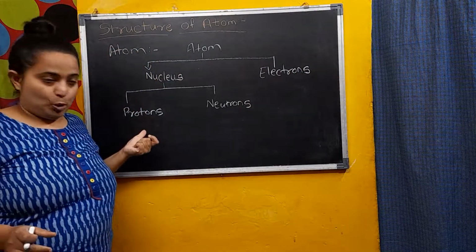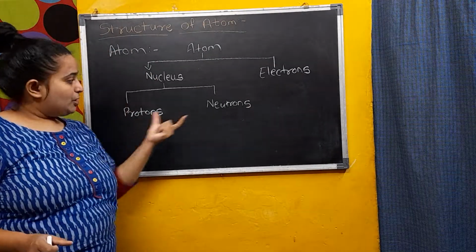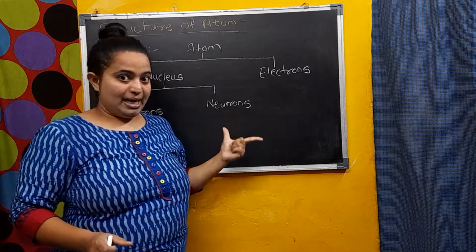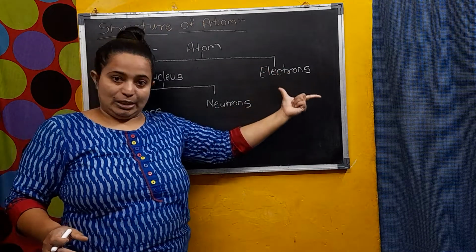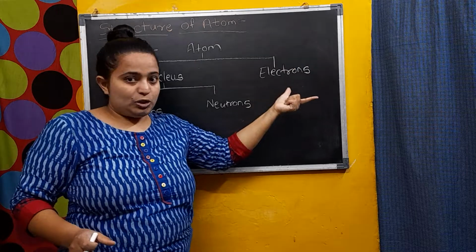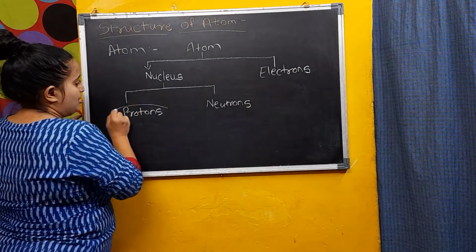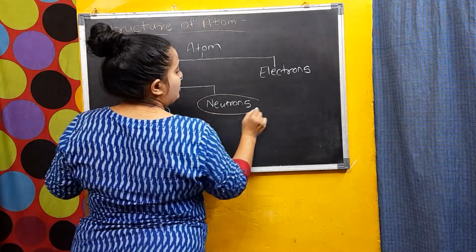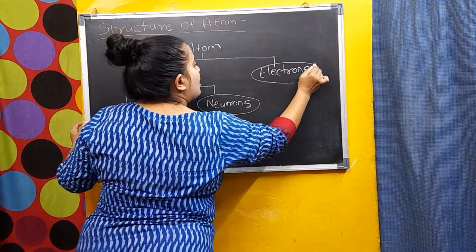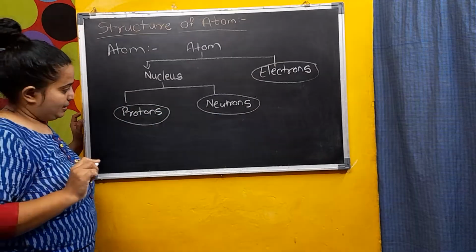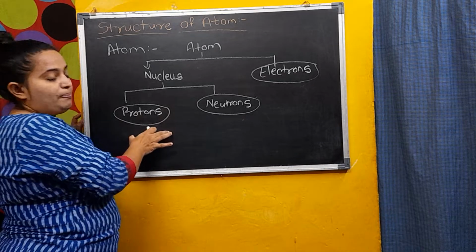See, P for proton, they are positively charged; neutrons are neutral; E for electrons, and they are negatively charged. Understood? All these three are collectively called the subatomic particles. What are the subatomic particles?